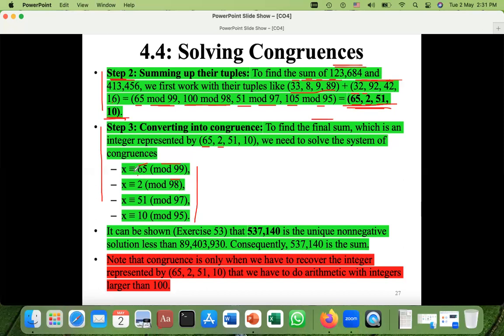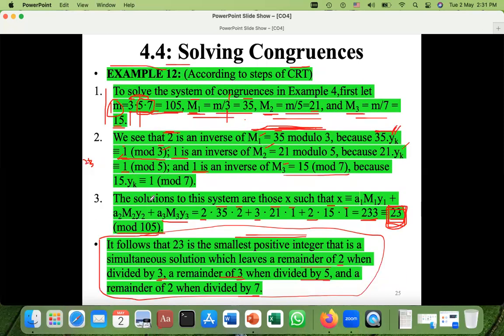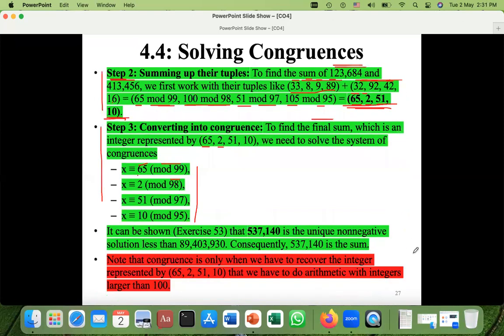And now you know how you can calculate these congruences by using this previous approach. Then you will have that number here, that will give you that result. So you can apply the same procedure, or you can do the exercise 53, and then you will have that number. By the way, for this question, you can just add them.